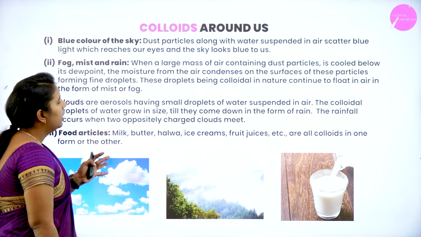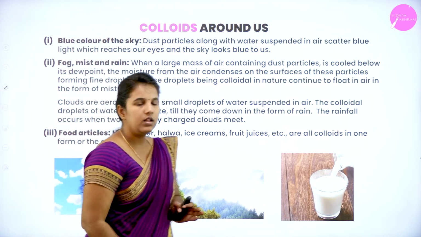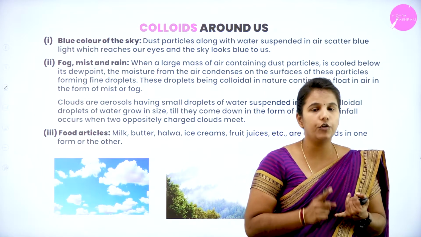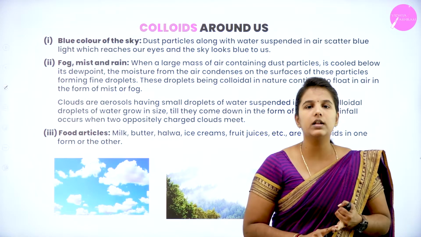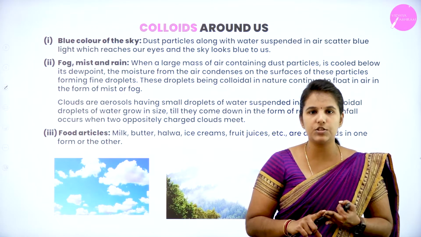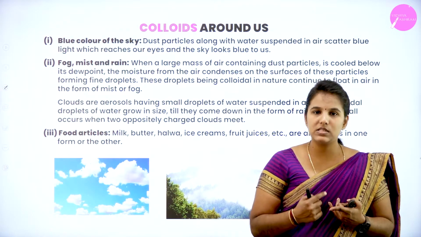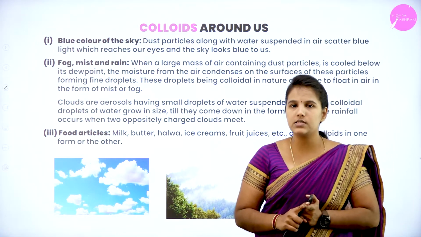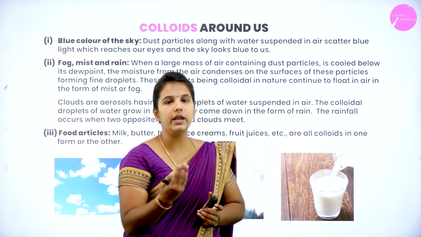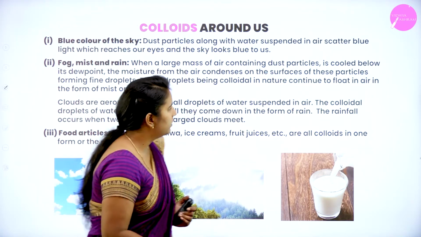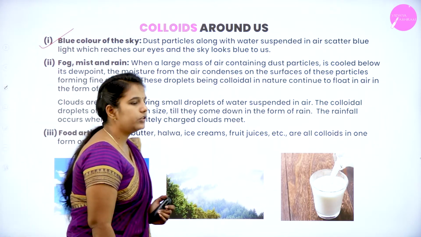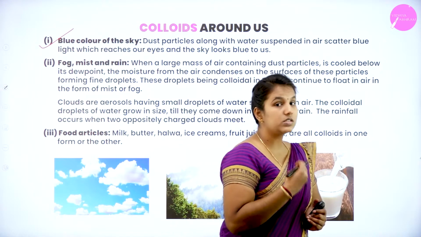Next one is colloids around us. So now you have understood how coagulation is done for lyophilic colloids, how coagulation is done for lyophobic colloids, and also what an emulsion and an emulsifying agent are. Now we are going to understand where colloidal particles or colloidal solutions exist in our surroundings. The first is the blue color of the sky. We all know that the sky looks blue.